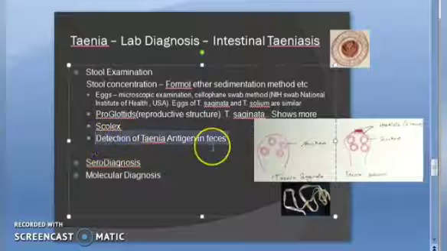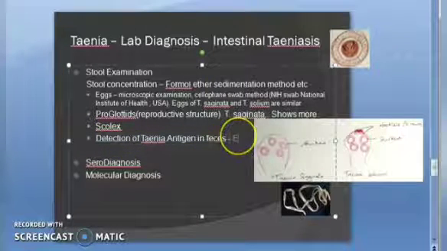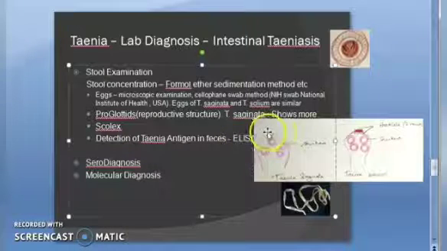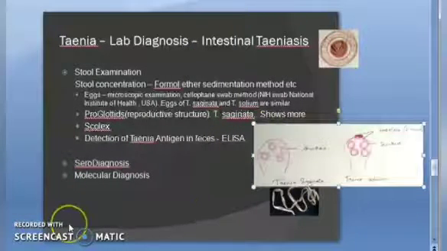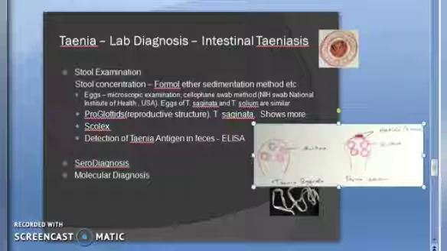Then moving on to the detection of tinea antigen in feces. Basically using ELISA you can detect the antigen. You can use polyclonal antisera against tinea. So you will detect the copro antigen in feces.